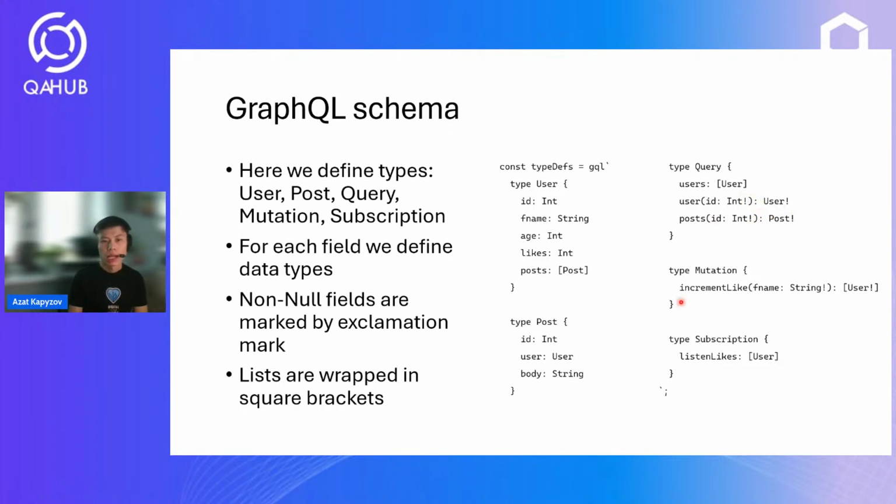Lists are wrapped in square brackets, like here for post and for user. That means that in the response we will get a list of posts, a list of users, etc. So regarding these lists and non-nullable fields, let's talk about it a little bit.